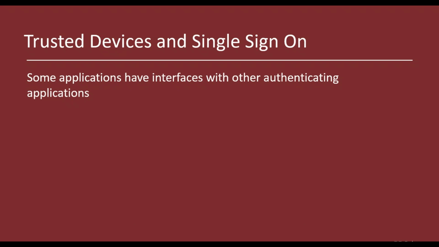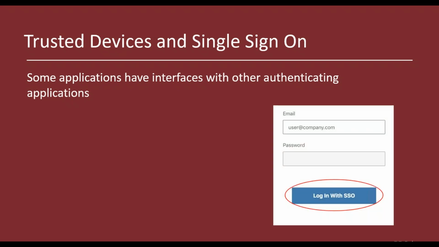Some applications have interfaces with other authenticating applications. You can see down there it says login with single sign-on. You enter a user. There's an option for a username and password, and maybe that's just a core login for that tool, but it may be that it links with something else. For example, there are a lot of applications.